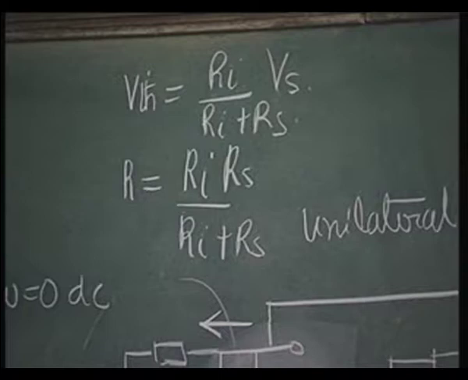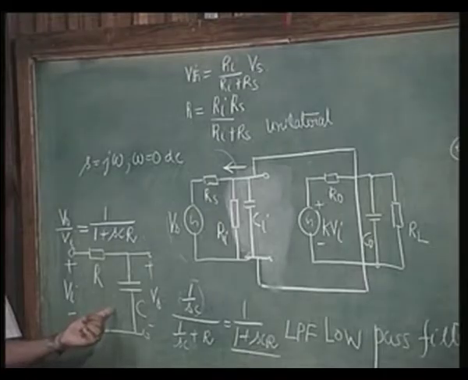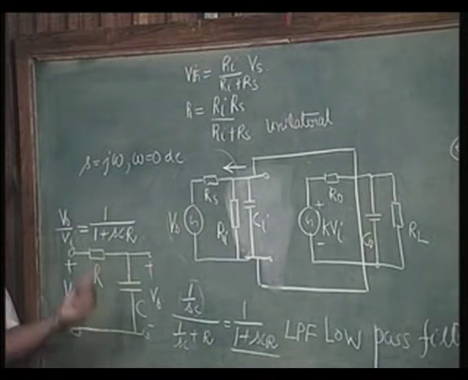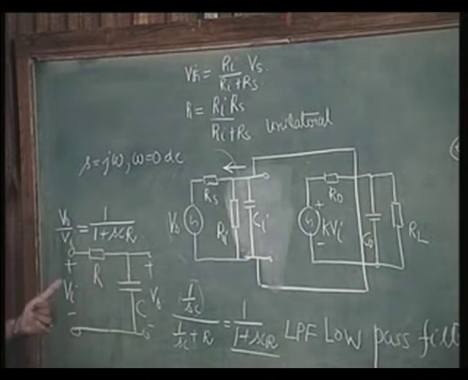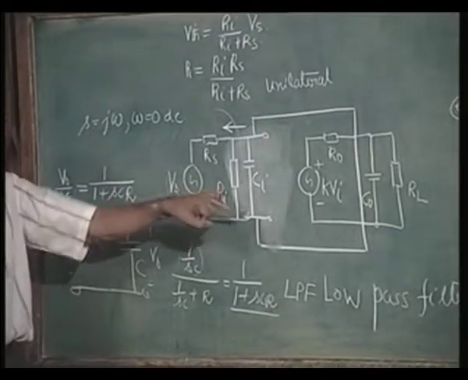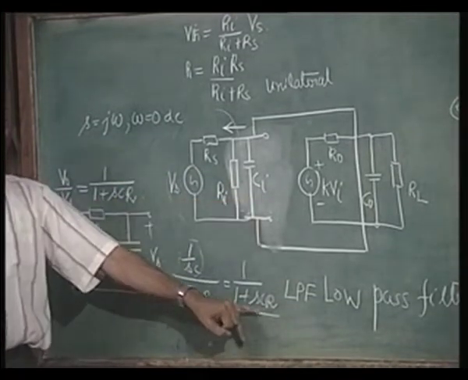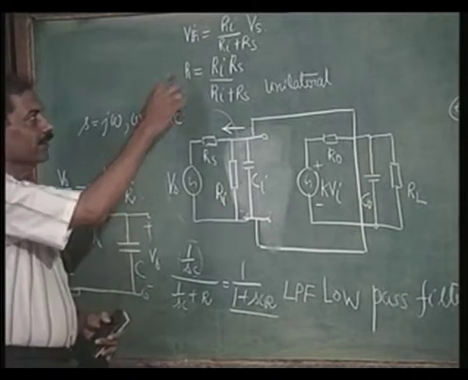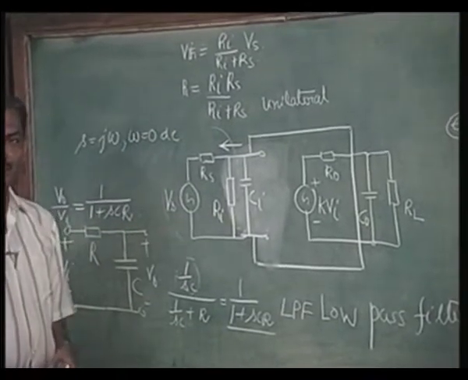Is this point understood? Now, if that is the case, this is nothing but the new circuit which we have discussed. That means its transfer function should be the same as 1 by 1 plus SCR, with C being equal to Ci and R being equal to the Thevenin's resistance here.